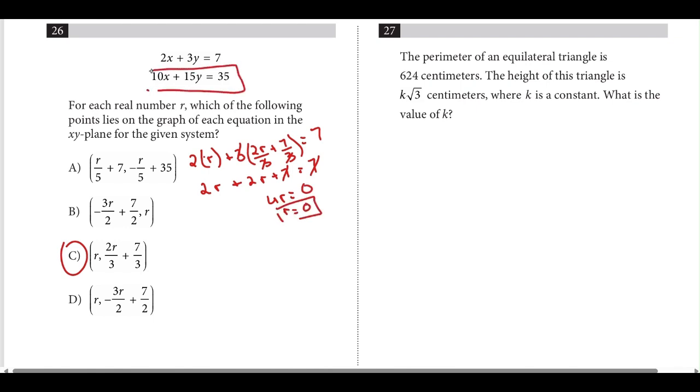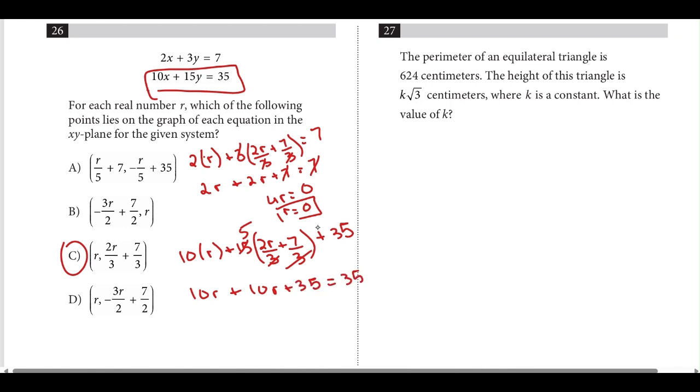And the second equation gives me 10 into, again, the x-intercept r, and then 15 into the y-intercept 2r by 3 plus 7 by 3 equals 35. And then I cut the 3's with the 5. 10r plus 35 equals 35, cut the 35, and it still gives me r equals 0, so this is a solution.